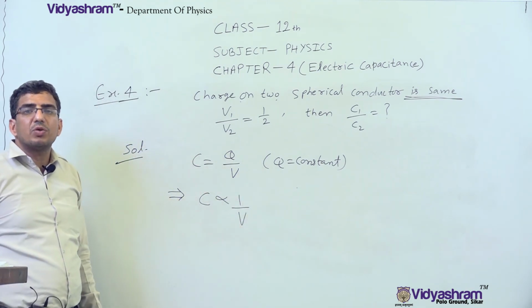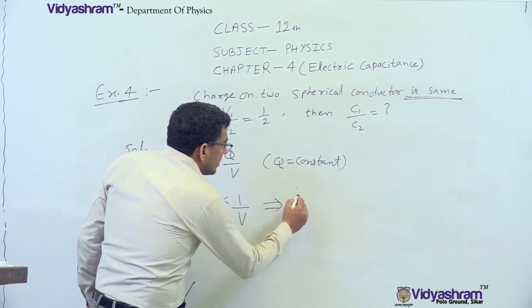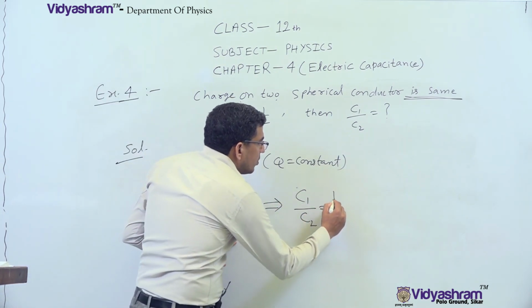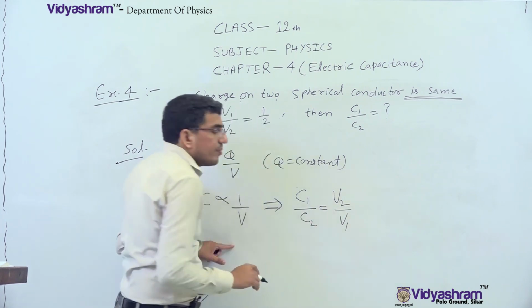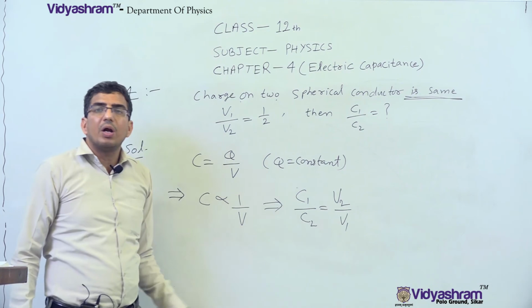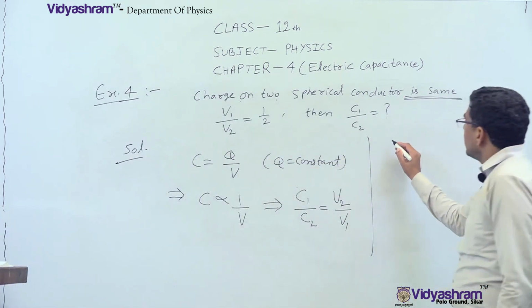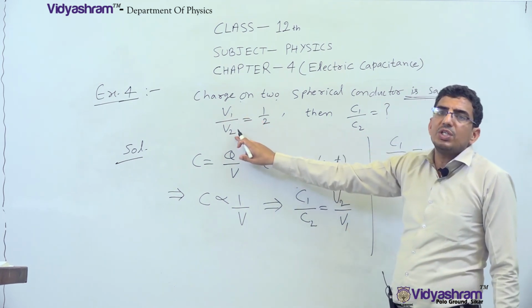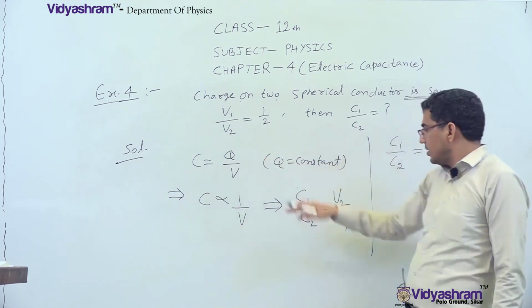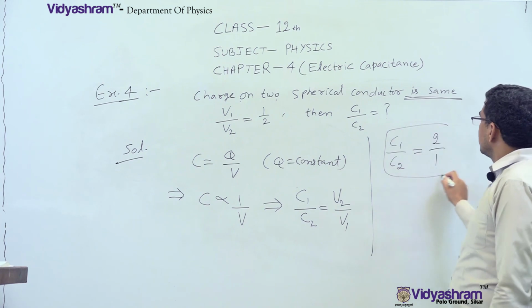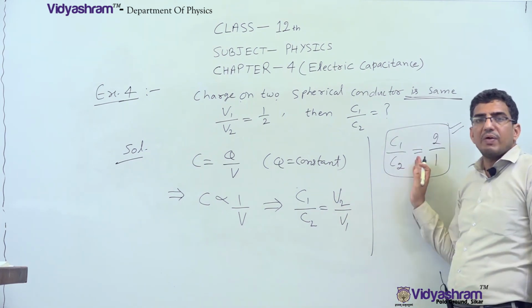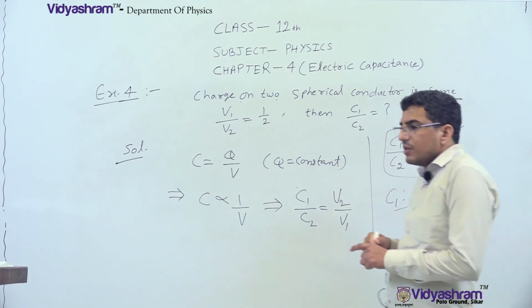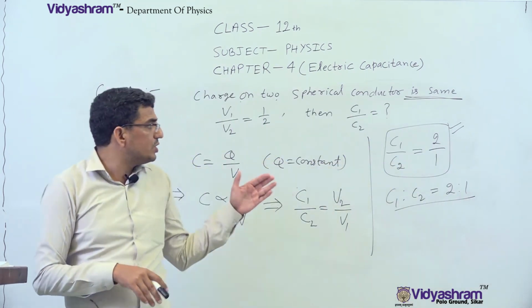So C1 upon C2 is equal to V2 upon V1. Given that V1 upon V2 is 1/2, V2 upon V1 is 2/1. So the ratio C1 to C2 is 2:1.